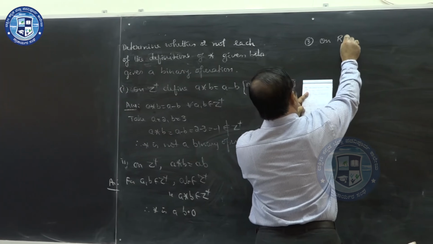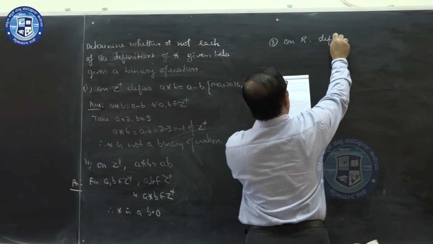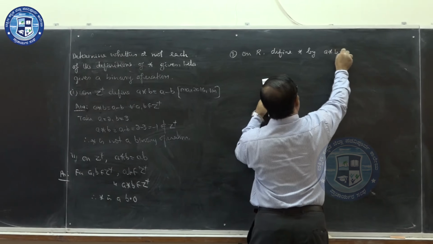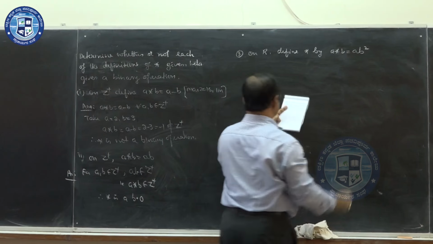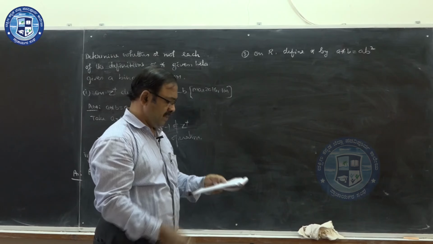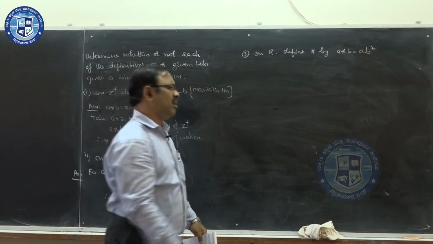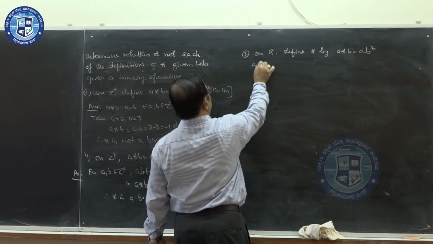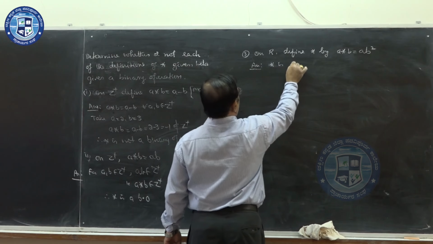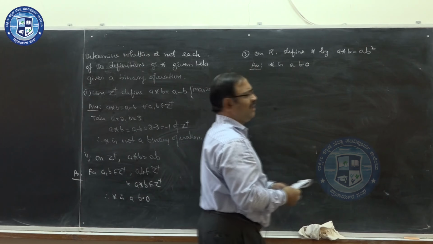On R, define star by A star B equal to AB square. Is it a binary operation? Obviously, the answer is yes, star is a binary operation. Why?